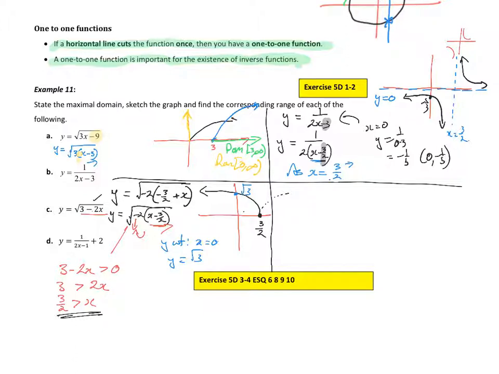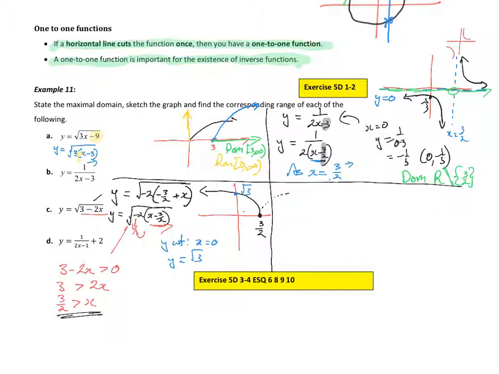Now, I've just remembered I didn't answer my domain and range components. So let's consider our domain for part B. The domain is the x values. What x values can I have? Everything except for that asymptote. So the domain is all the values except for 3 on 2.